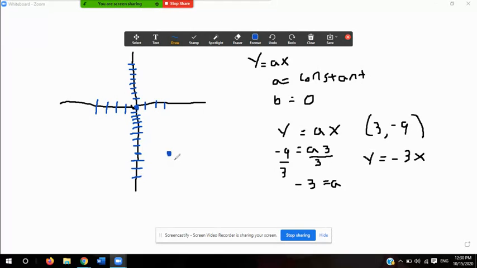So 3 spaces down, 1, 2, 3, and 1 space to the right, more or less here.